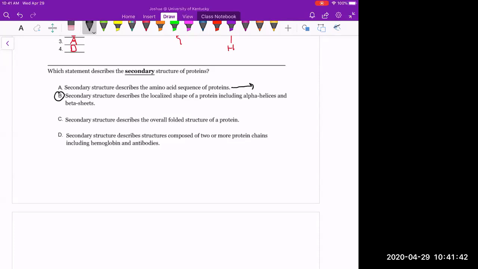A describes primary structure. C, secondary structure describes overall folded structure of a protein. It's tertiary. And D, secondary structure describes structures composed of two or more protein chains, including hemoglobin and antibodies. That's quaternary structure.